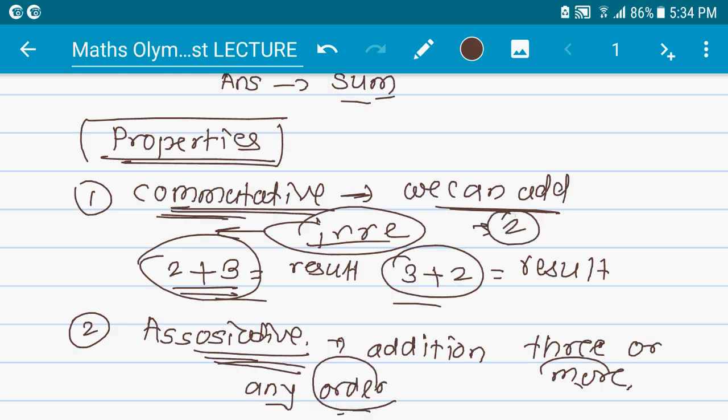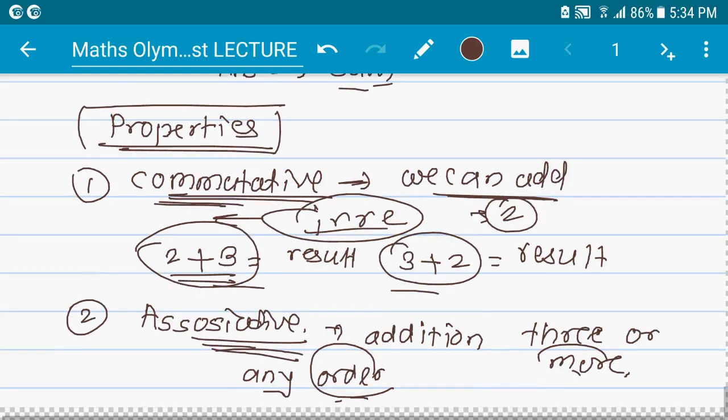So when two numbers are added in any sequence or any order, the property is known as commutative property. If that rule is for 3 and more than 3 numbers, then the property is known as associative property.